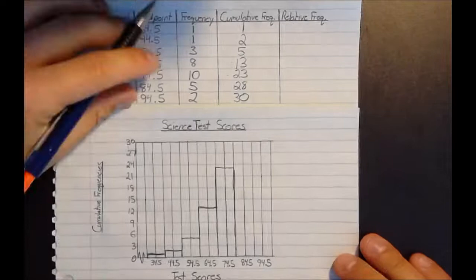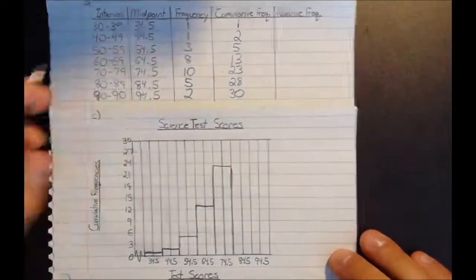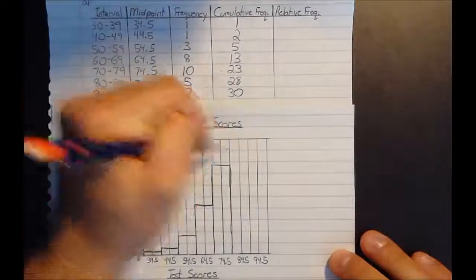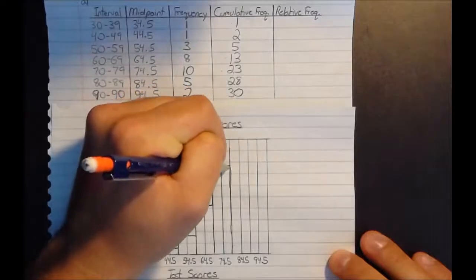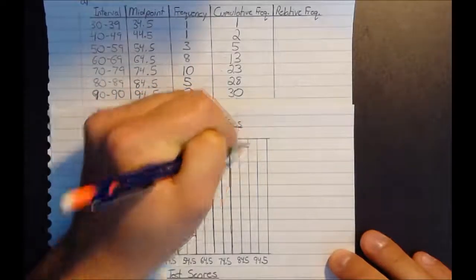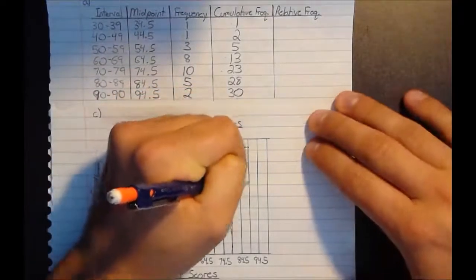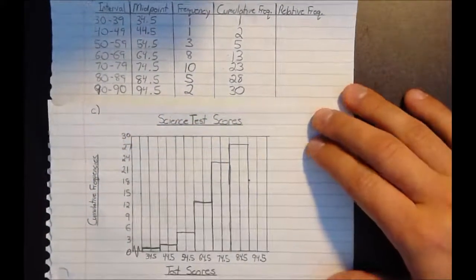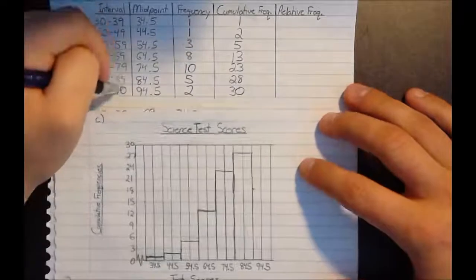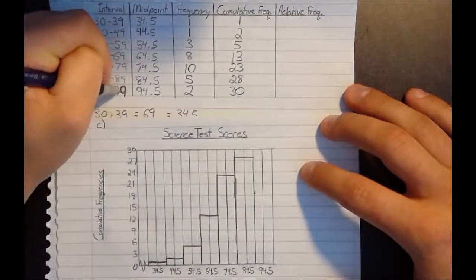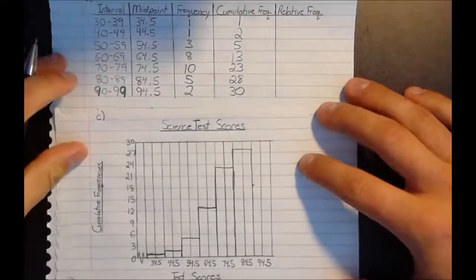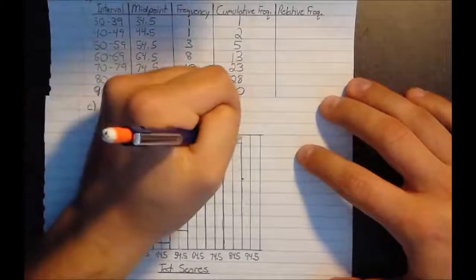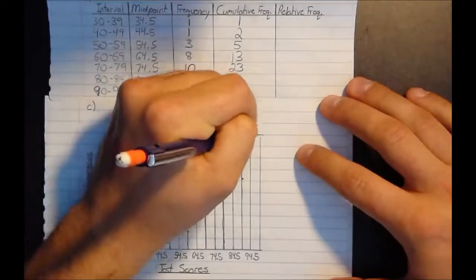From 80 to 89, my cumulative frequency is 28. So just above here. Okay, and finally from 90 to 99, oh, that should be a 99, just noticed that now. From 90 to 99, cumulative frequency is 30, so that's going to be at the very top here.